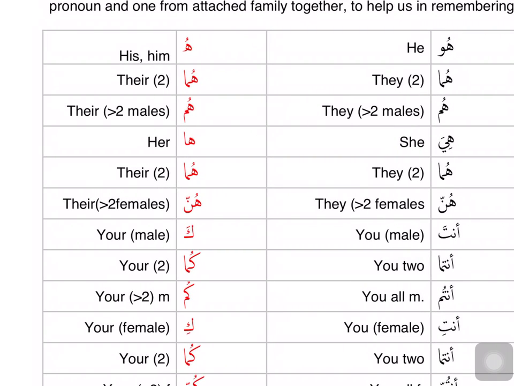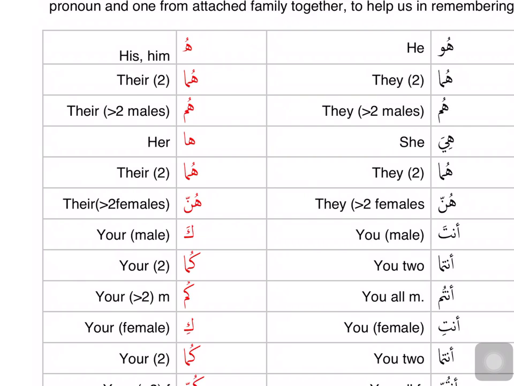So each of these detached has an attached version. If I wanted a pronoun which could attach to another word, I would not use huwa. I would use its attached version, which is hu. Huma is the same, huma. Hum is the same, hum. For hiya, if I want to say her something, I will say ha.